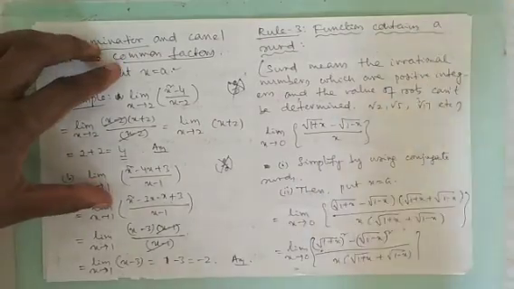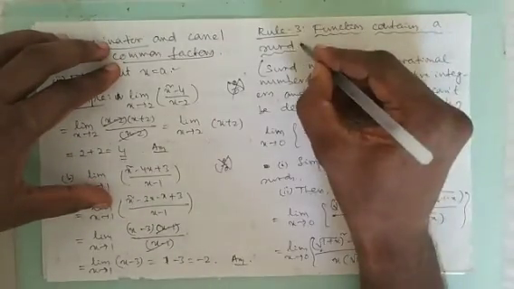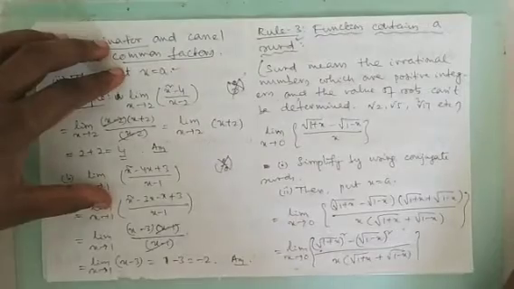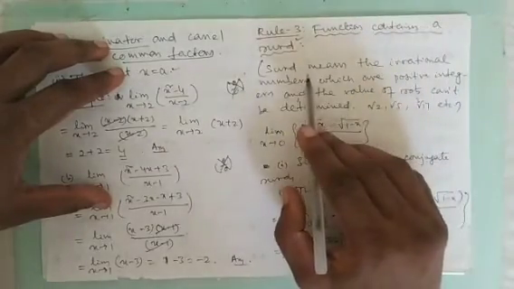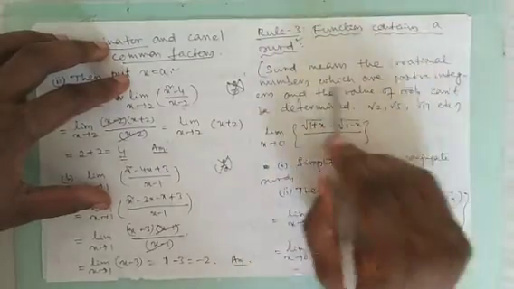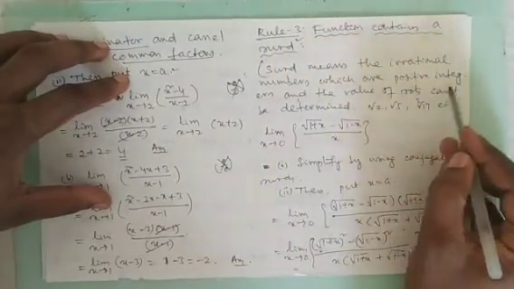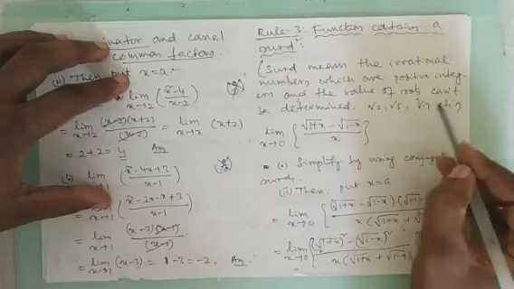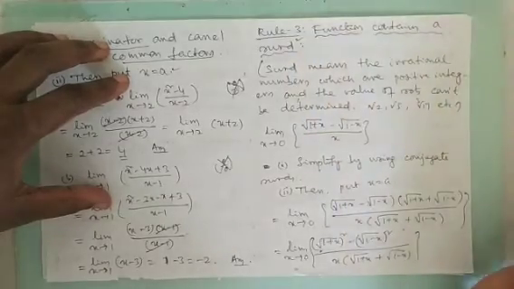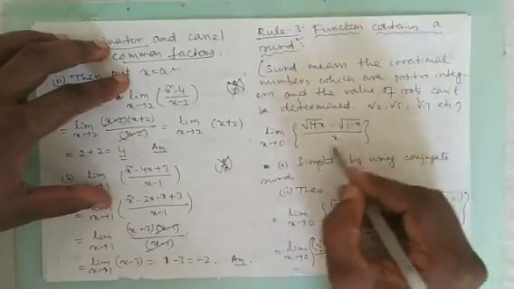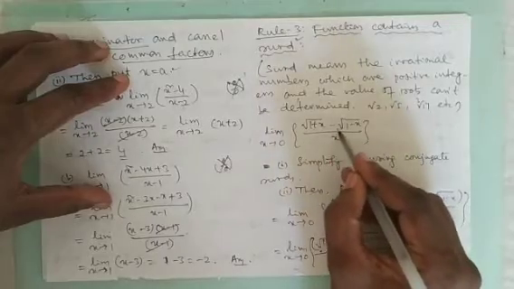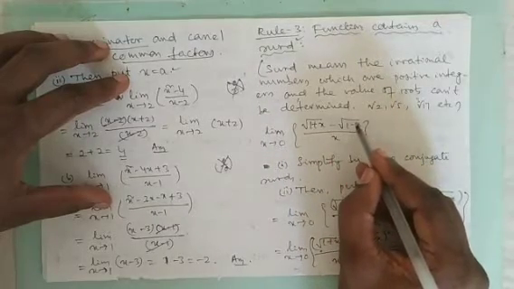Now, if the function contains a surd, then how do we solve the problem? Surd means irrational numbers, which are positive integers whose roots cannot be determined. For example, see this function: root over 1 plus x minus root over 1 minus x.